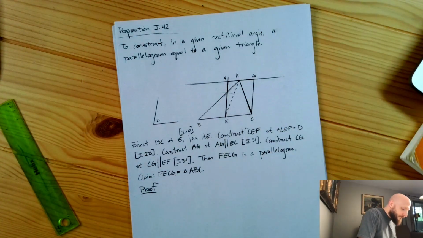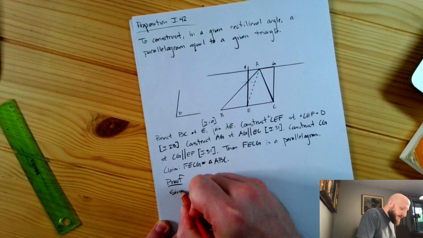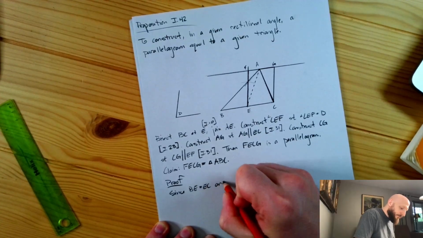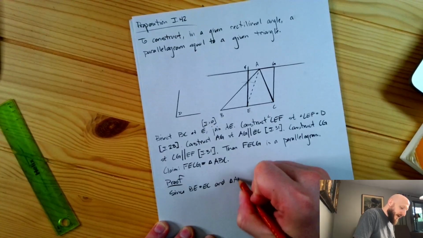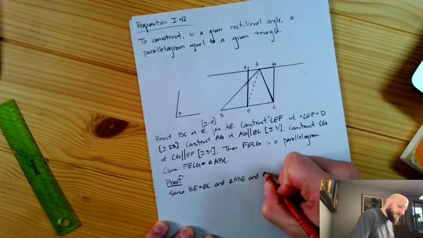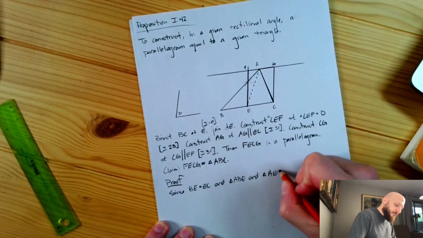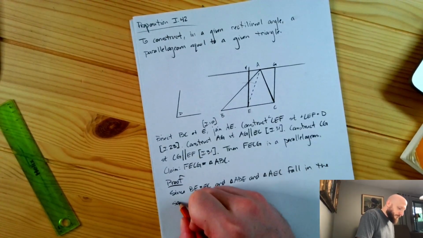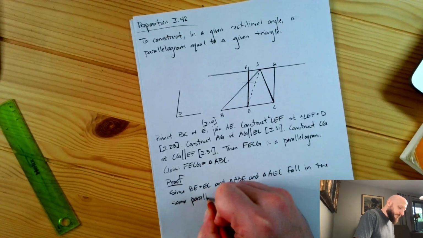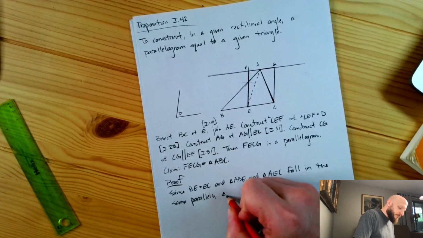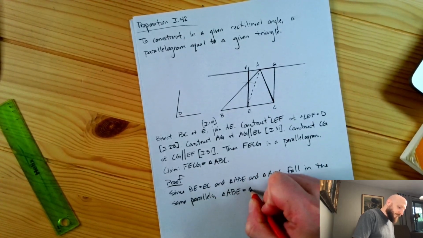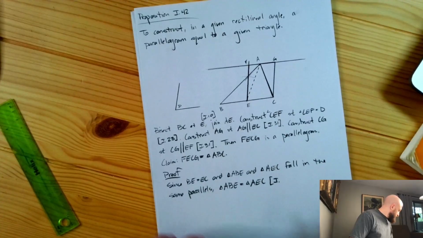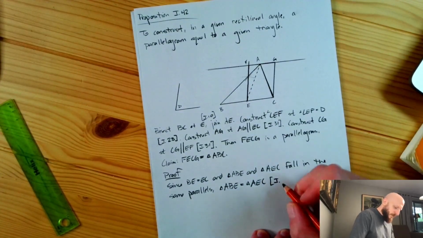So since BE equals EC and triangle ABE and triangle AEC fall in the same parallels, they're equal. And that was Prop 38. Yep, 38.